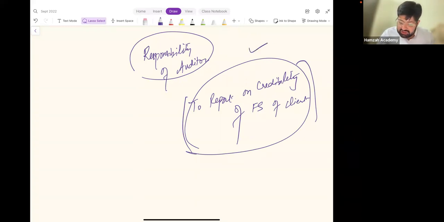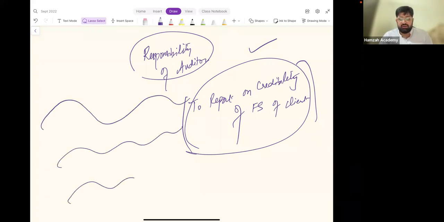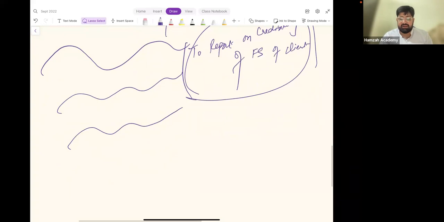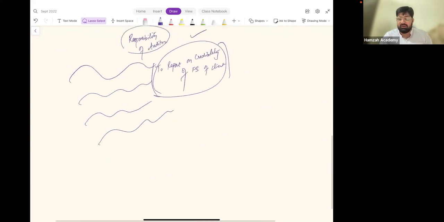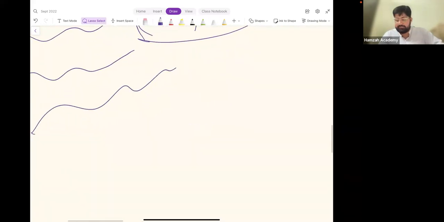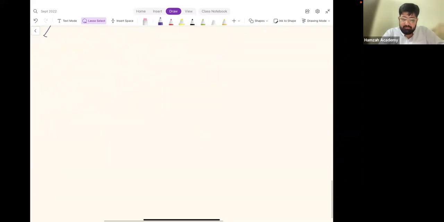Now, in order to achieve this target, there are multiple ways available to reach this target, multiple directions available. Let me give you an example. You have to travel from Pakistan to UK. Multiple directions available.